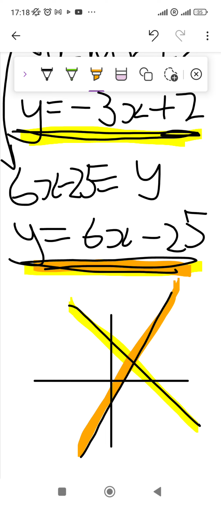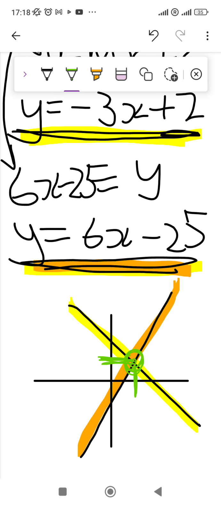When we are solving simultaneous equations, what you are actually doing is trying to find this coordinate right here. You want to know, where do your two graphs meet? What is this x value and what is the corresponding y value where your two graphs meet?